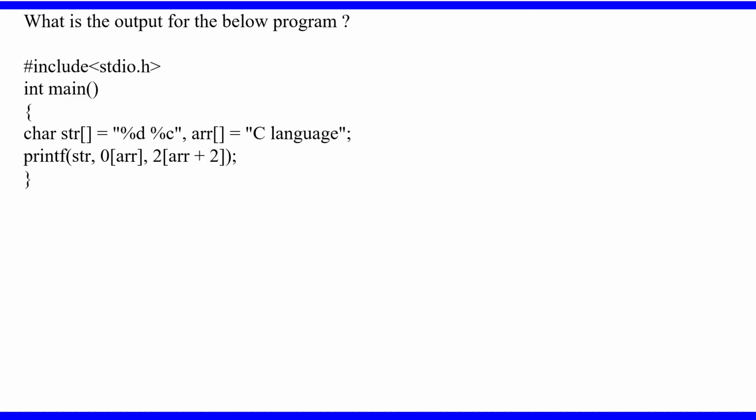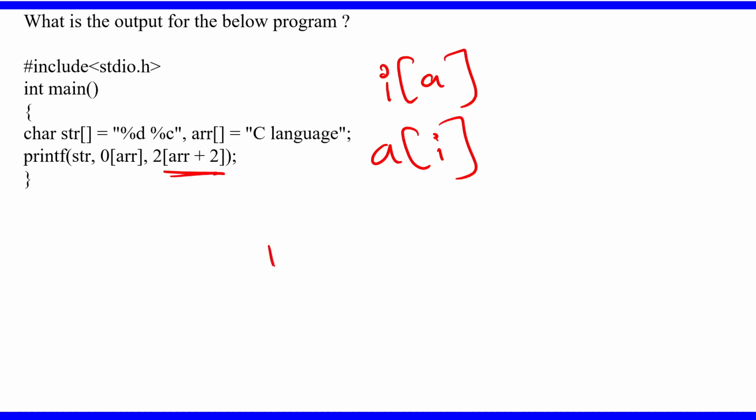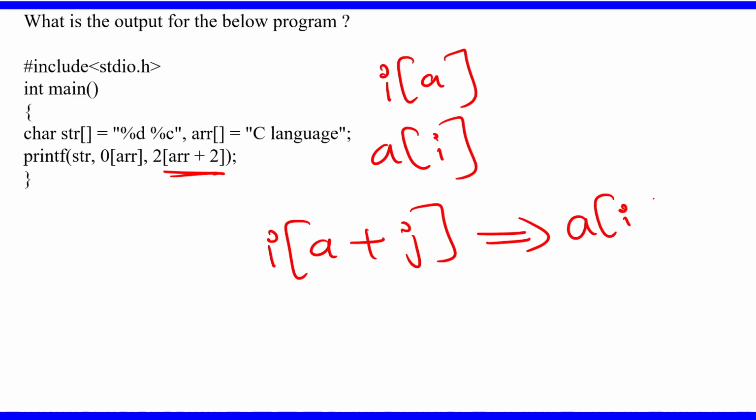The only point to highlight here was array indexing. You can write i of a or even a of i, both will work. However, if there is some complex expression like i of a plus j, its meaning is a of i into j. You can try this, execute and see what the output is.